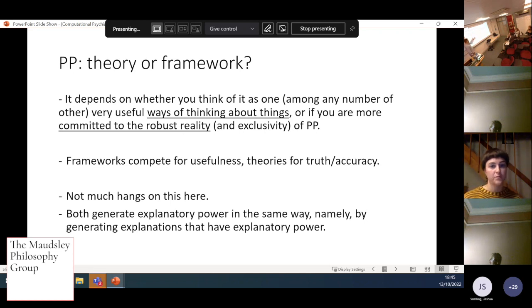But generally speaking, frameworks compete with each other for usefulness, whereas theories compete with each other for truth and accuracy. But not much hangs on this here.